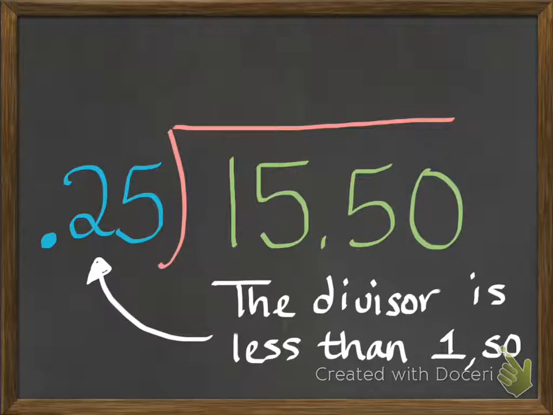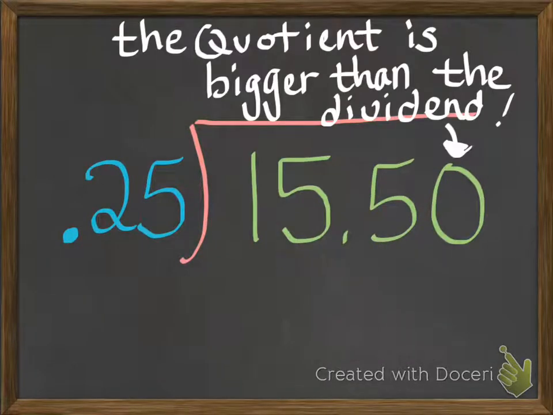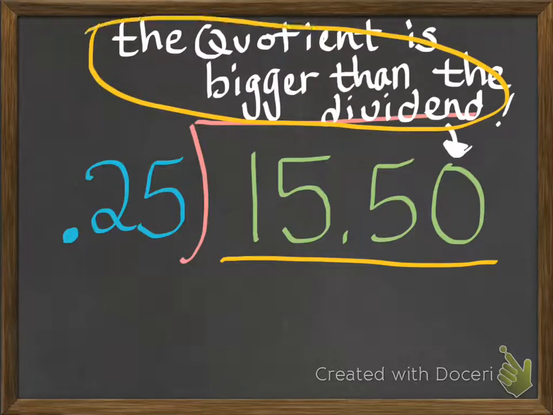If you have a dividend, and you're dividing it by a divisor that's less than 1, and I know it's less than 1 because there's my decimal point, it's 0.25, that's less than 1. If we have that situation where you're dividing by something that's less than 1, then the quotient is going to actually be bigger than the dividend. Okay, the answer is going to be a bigger number than the dividend.